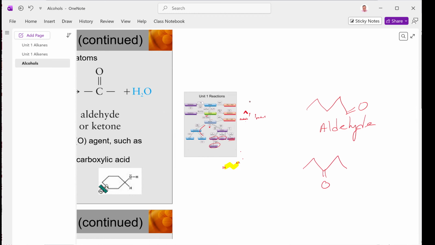If the carbonyl group, the double bonded O, is in the middle, it's called a ketone. Now that's unit 2's naming. So all you need to do is be able to identify, just say aldehyde or ketone. Naming is very similar, but that's unit 2 stuff.